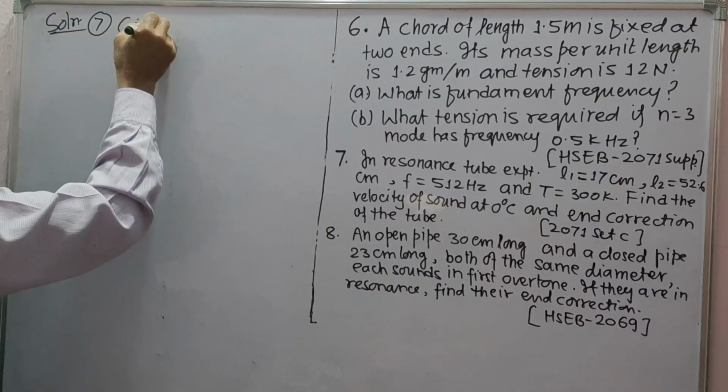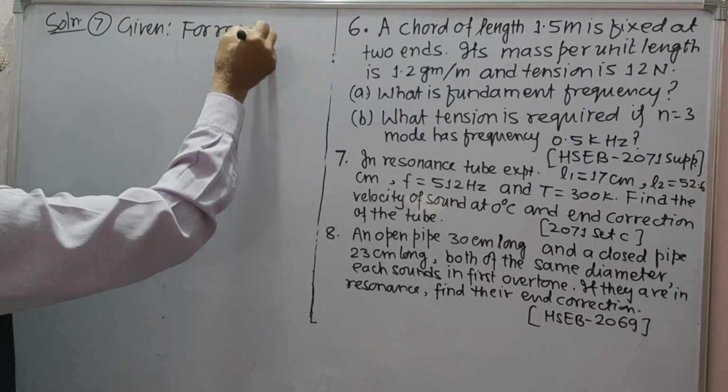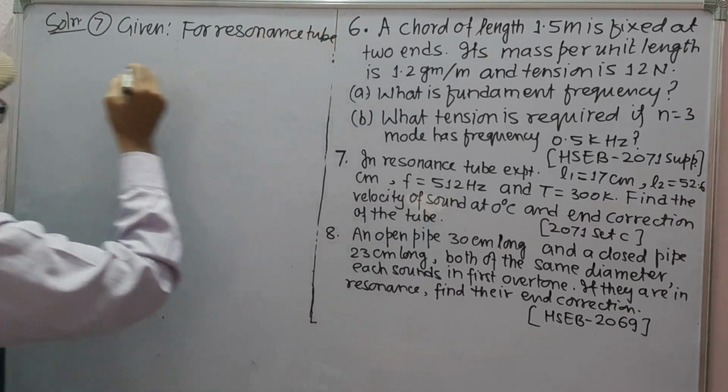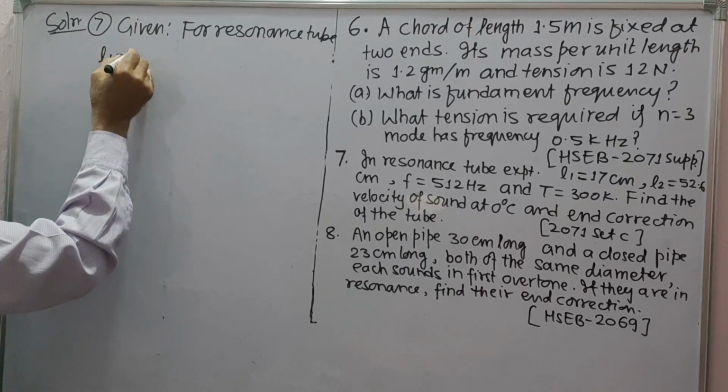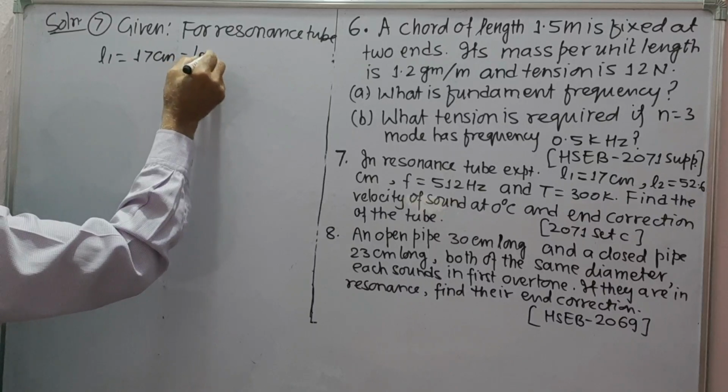Given, for resonance tube experiment, L1 is 17 cm, length of air column for first resonance.